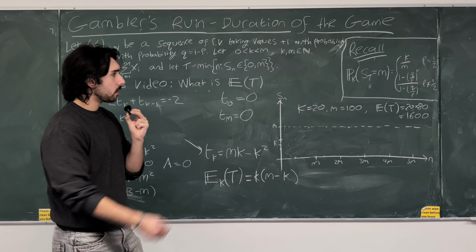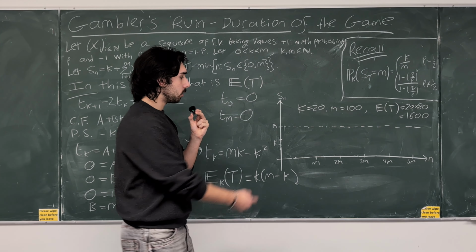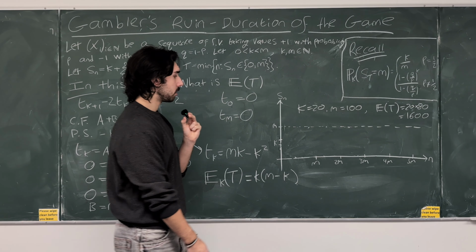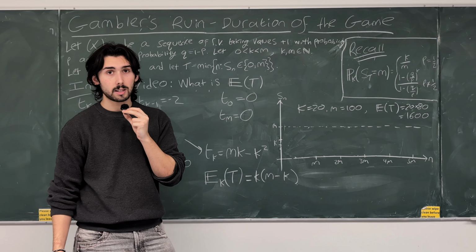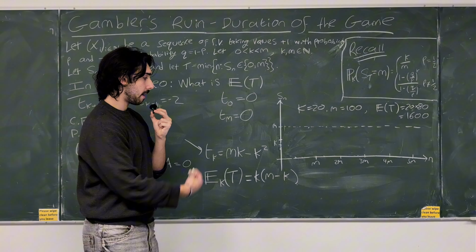And you might say, well, it's pretty difficult to get from 20 to 100. But remember that you can also go bankrupt. So you could also just lose all of your money as well. So I think this is quite a big number, all things considered, but that's the maths.